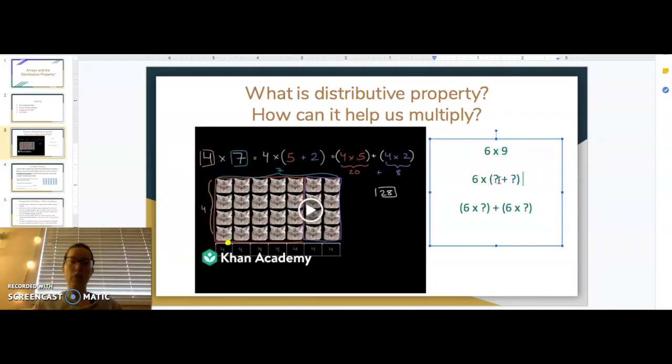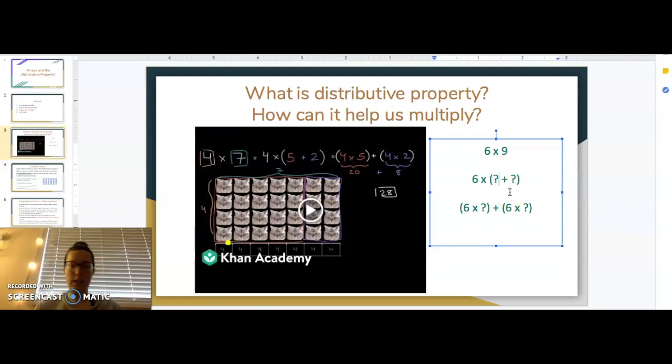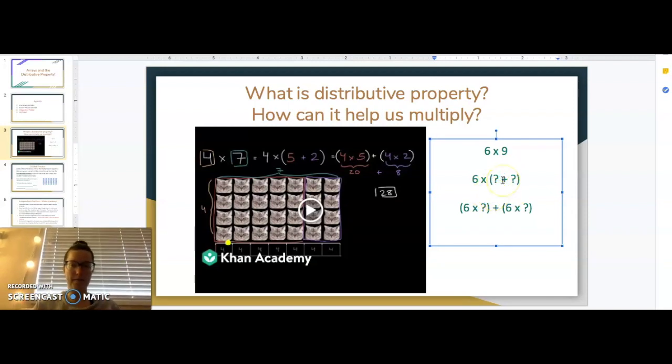I want you to try to figure out what would we put in place of these question marks, right? I'm going to keep my 6, pretend that's my length, or my rows. How can I break down that 9 to make this a little bit easier? Go ahead, pause the video, take as much time as you need to think, and then come back when you're ready.